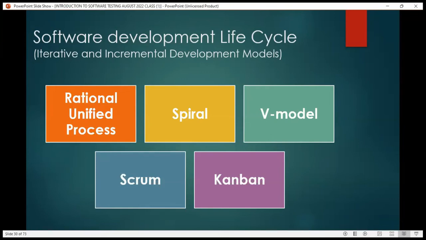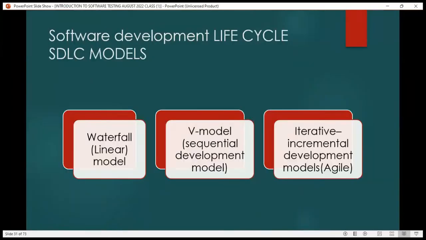Scrum, Kanban, all these are part of agile. But the major ones we are going to talk about, because all these have been consolidated into these 3 fantastic brothers: one of them is the waterfall, the V model, then we are calling the iterative, which is the iterative incremental development, and that is called the agile.